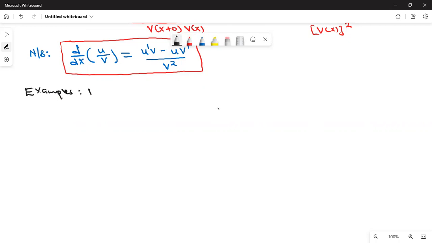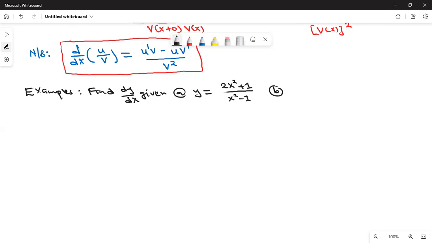You are asked to find dy over dx, given that in part A, y is equal to 2x squared plus 1, divided by x squared minus 1.